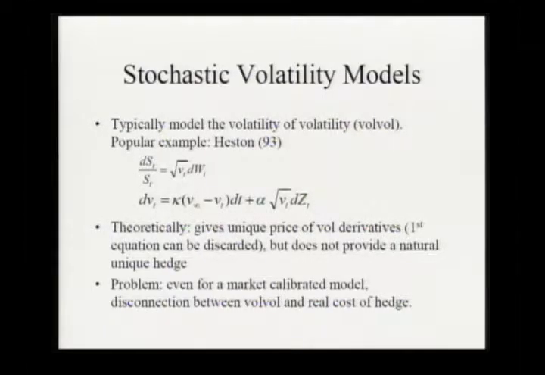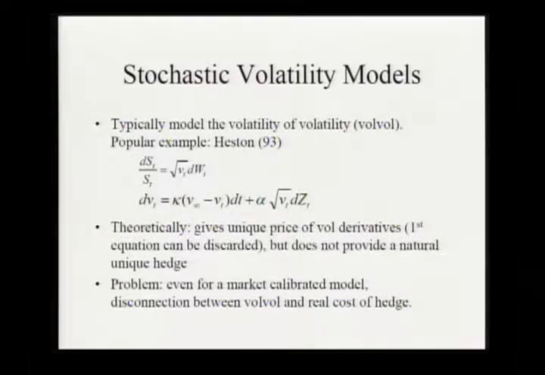Actually, we have serious problems with, for instance, Heston. When you calibrate Heston to the market, you tend to find a volatility of volatility which is something like 2 or 3 or more times too high compared to what you observe in practice.